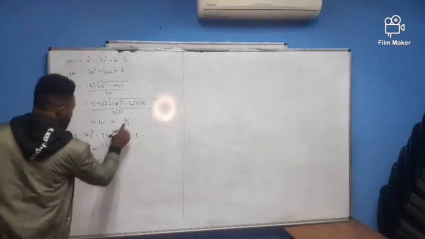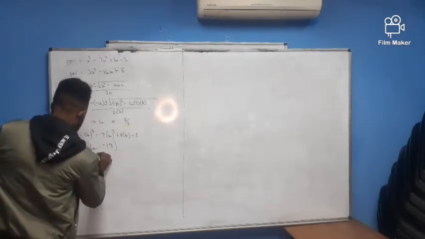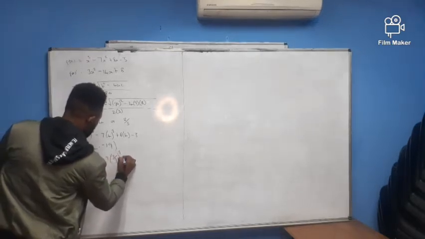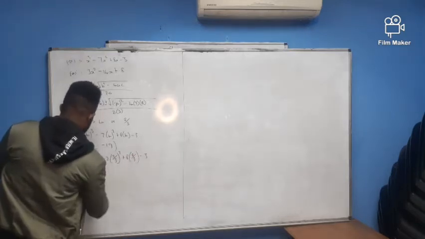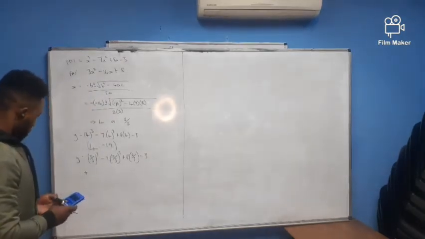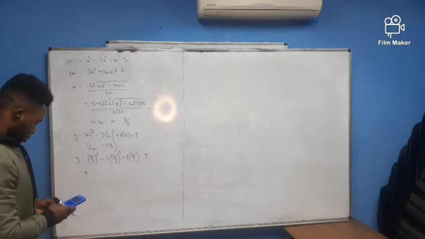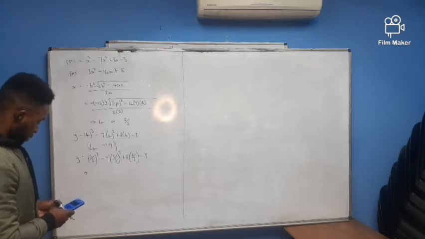The other one, I'm going to substitute this, which is 2 over 3 cubed minus 7 times 2 over 3 squared plus 8 times 2 over 3 minus 3. I'm just punching, then squared plus 8.